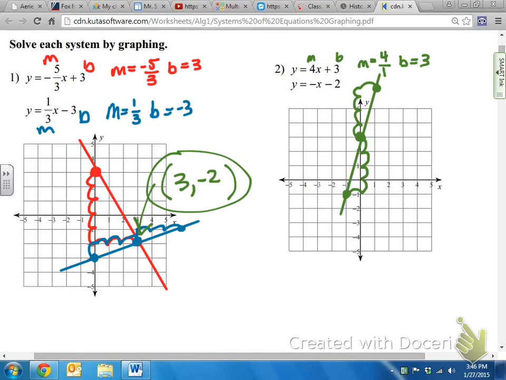All right, the next graph, we'll do it in purple. Why not? My slope is negative, but remember there's the 1 in front, so negative 1, and b is negative 2. So m is negative 1/1, and b is negative 2. Let's go down to the negative 2 here. And it says to go down 1/1, down 1/1.